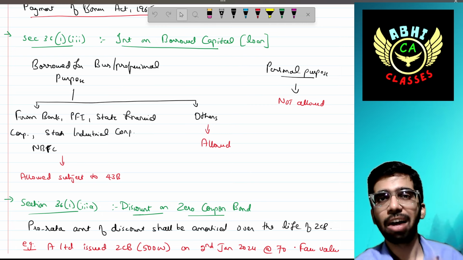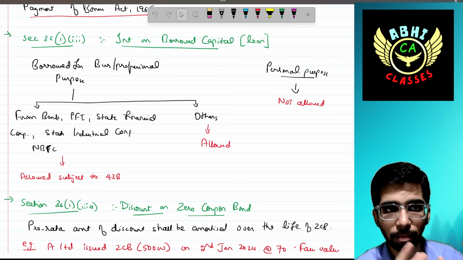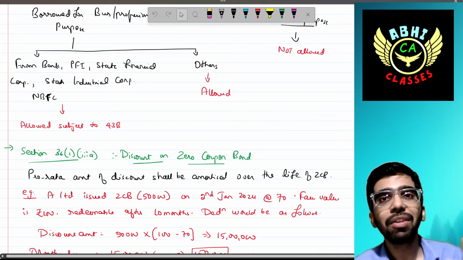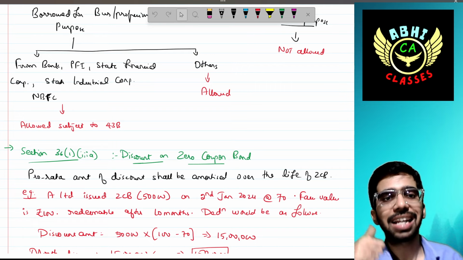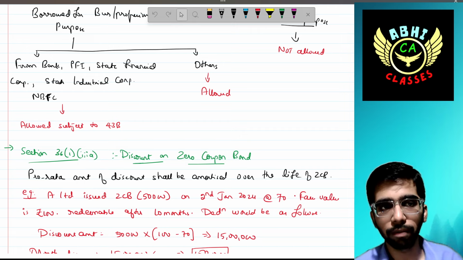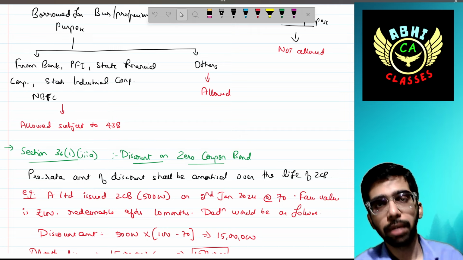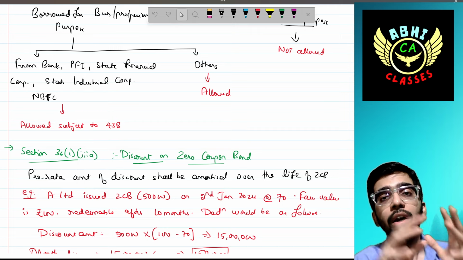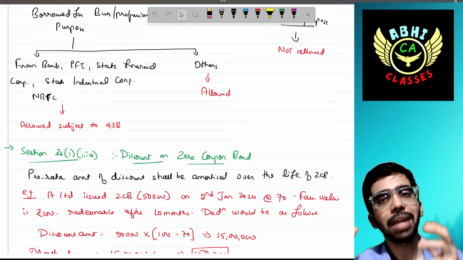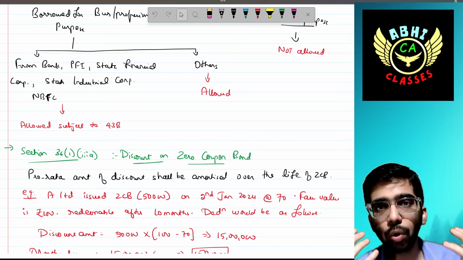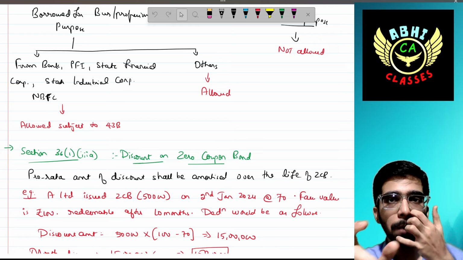If that loan is borrowed for business or professional purpose, and the amount is from a bank, public financial institution (PFI), state financial corporation, state industrial corporation, or NBFC, that is non-bank financial corporation, it is allowed subject to 43B. What is subject to 43B? We'll discuss in detail in the last part of this chapter. If you have borrowed the loan from any other sources other than these categories, then that is also allowed. There is no mention about 43B.